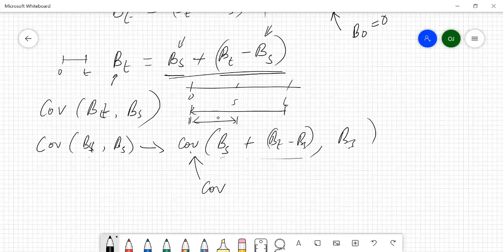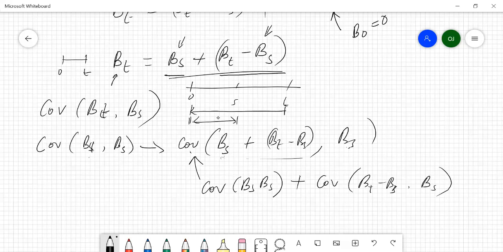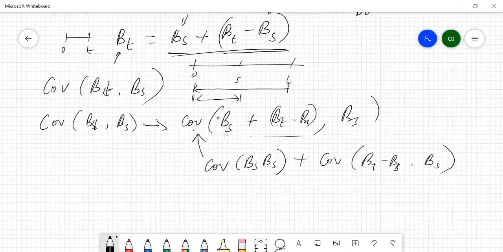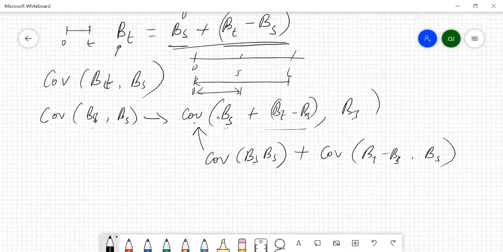Yeah, cov of BS and BS, plus cov of BT minus BS, comma, BS. Isn't it? Yes. So what do we have here? This BS and BS, it means BS squared. BS squared is the same as variance of BS. Plus, look at this.